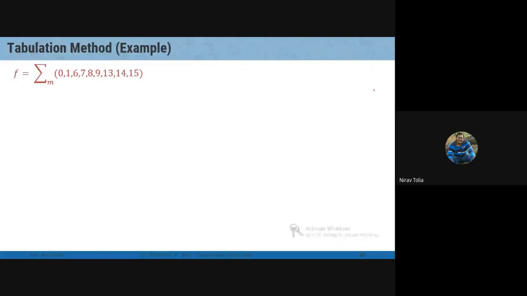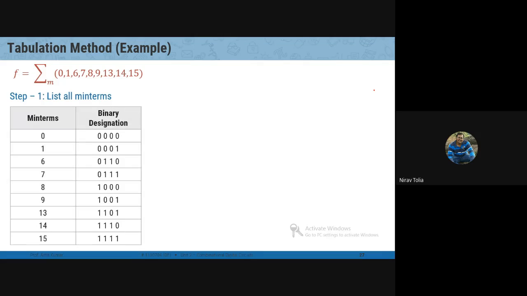Suppose this is our given example: 0, 1, 6, 7, 8, 9, 13, 14, 15. Again I am repeating the rule first. We can check rule by rule, so you can easily understand. List all the min terms and convert them into binary form.